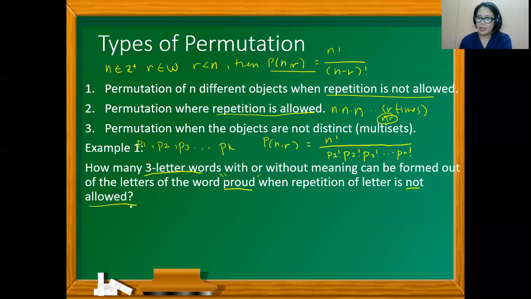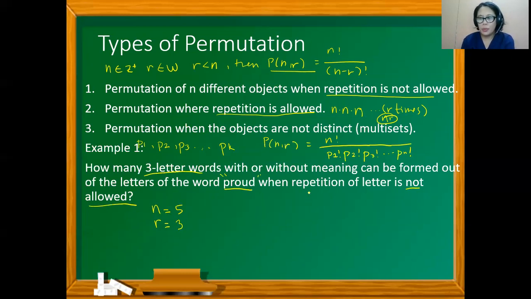Let us identify the given first. We have n equals 5 since there are 5 letters in the word PROUD. And we're going to take 3 letters from the 5 letters, with or without meaning. So our r is 3.